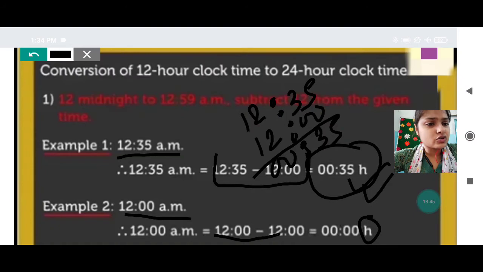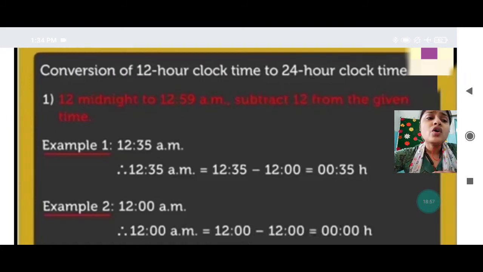Because we are subtracting 12 from 12, because it is using 24-hour clock timing, and when we subtract 12 from 12, we get 0. So for converting the 12-hour clock when it is given in AM to 24-hour clock timing, you just subtract 12 from the given number. Whatever timing you get after subtracting, that will be in 24-hour clock time.